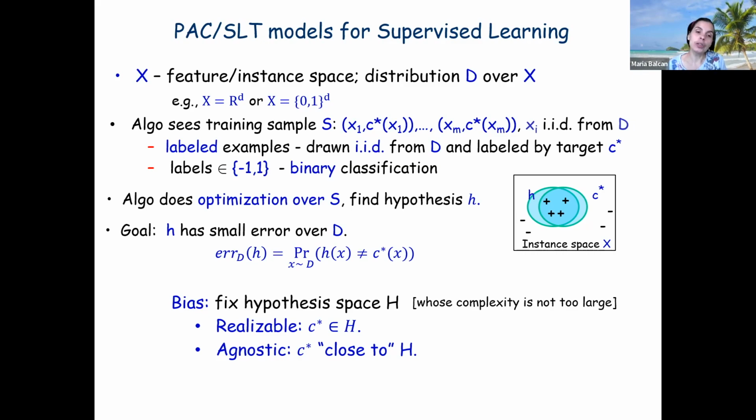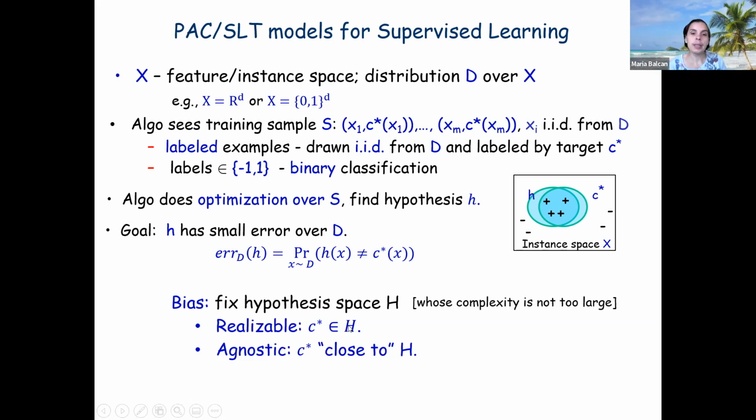Now there are two cases. In the realizable case, we believe that the target function truly belongs to the search space H. So in this case, our modeling is perfect. We totally correctly guess the form of the target function. That's nice for theoretical simplicity and mathematical convenience.